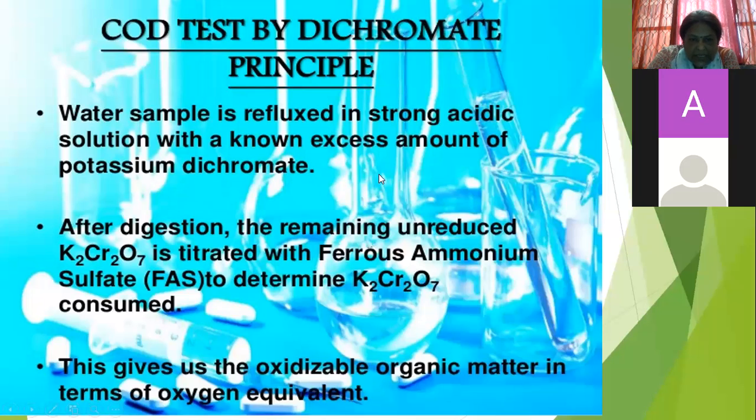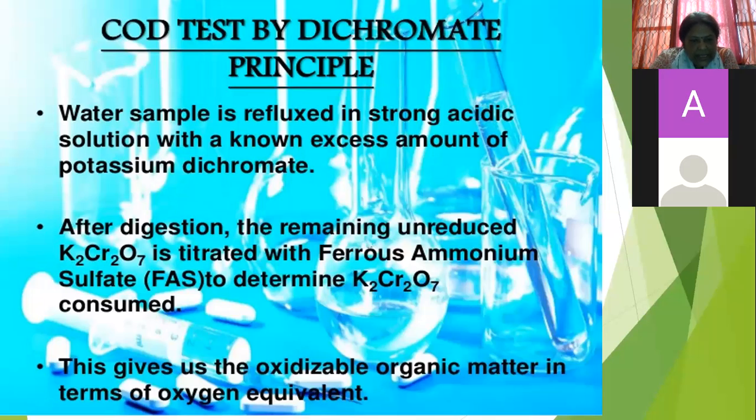So the principle is that after refluxing, some of the potassium dichromate will be consumed for the oxidation, and some of the potassium dichromate will remain as such, unused. So the amount of potassium dichromate not used for oxidation should be estimated.